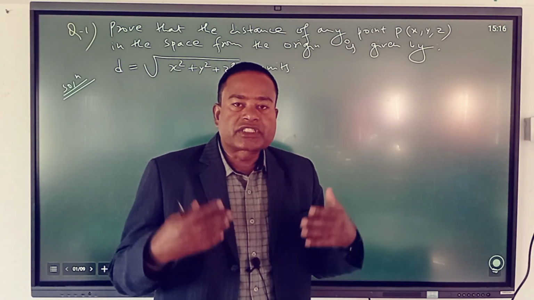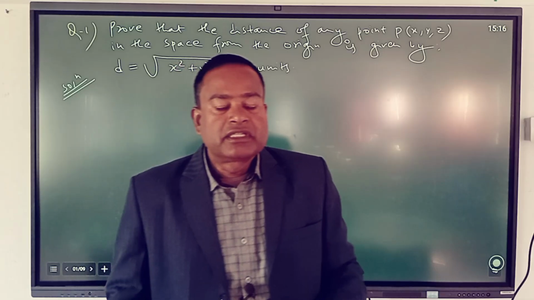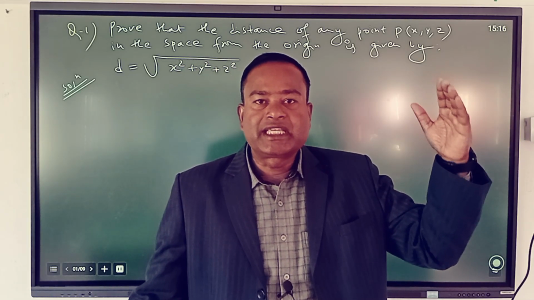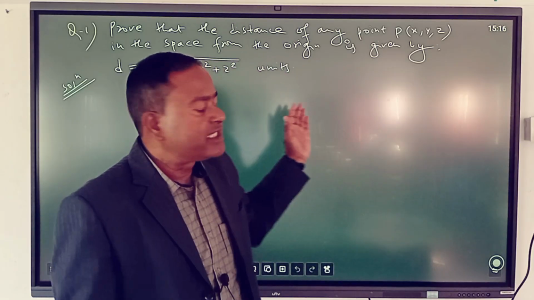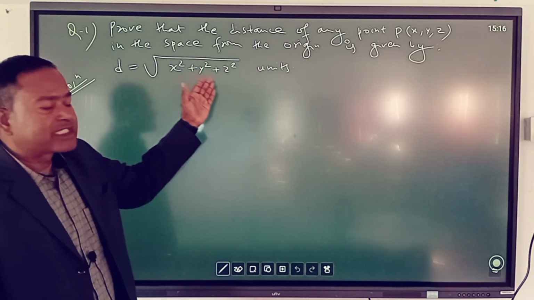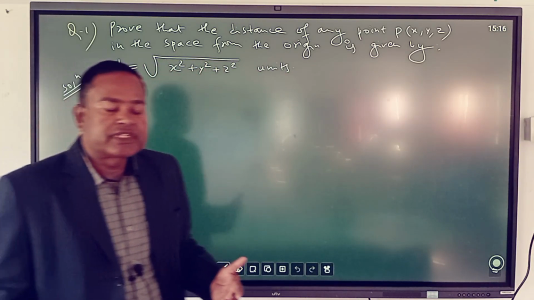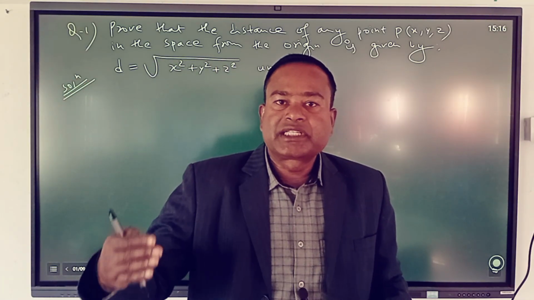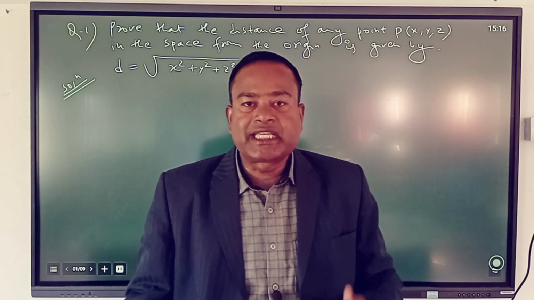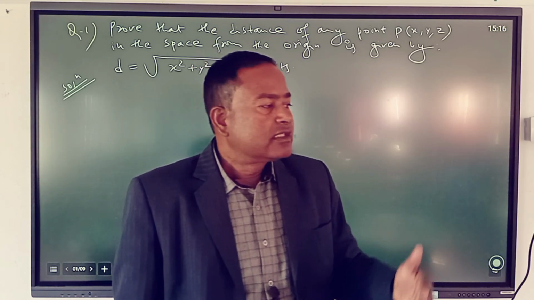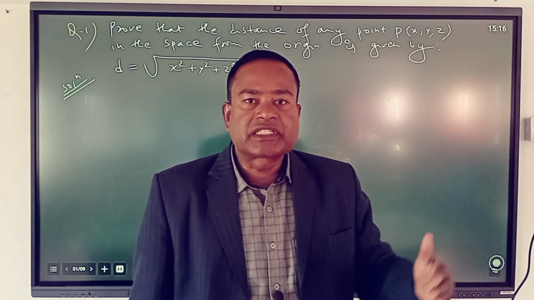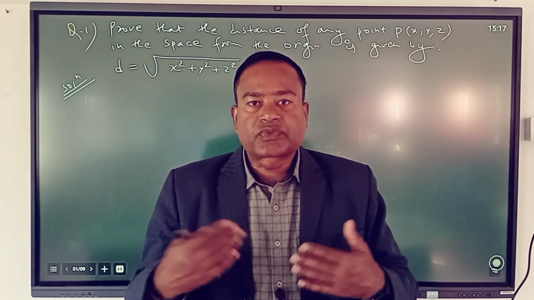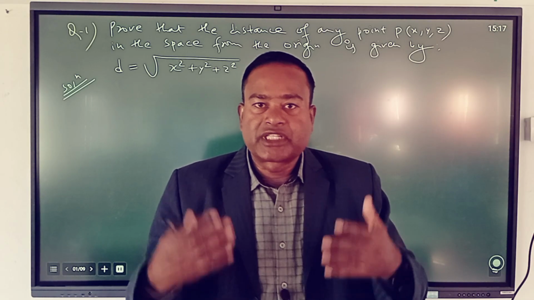So if any point P(x, y, z) is given in this space, then its distance from the origin is root x square plus y square plus z square. So let's prove it.